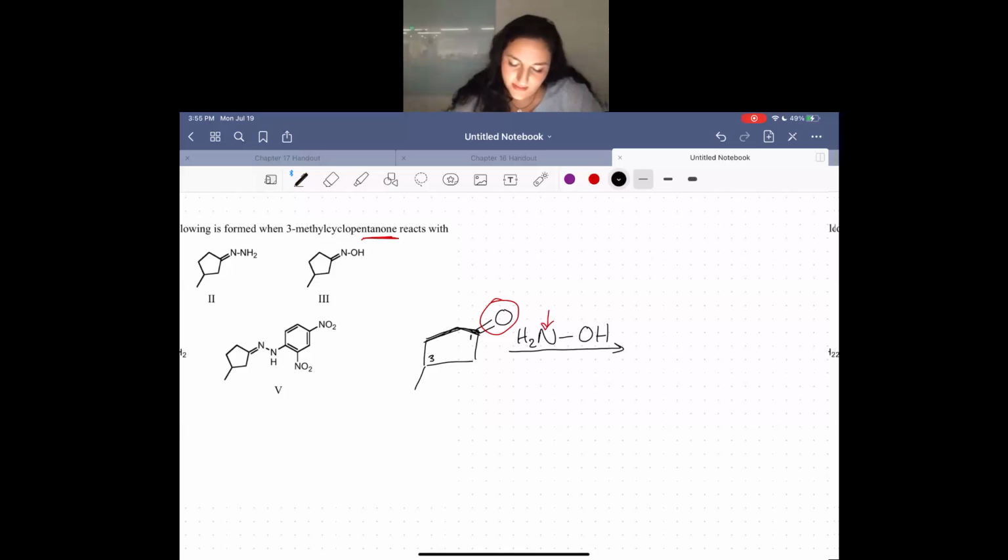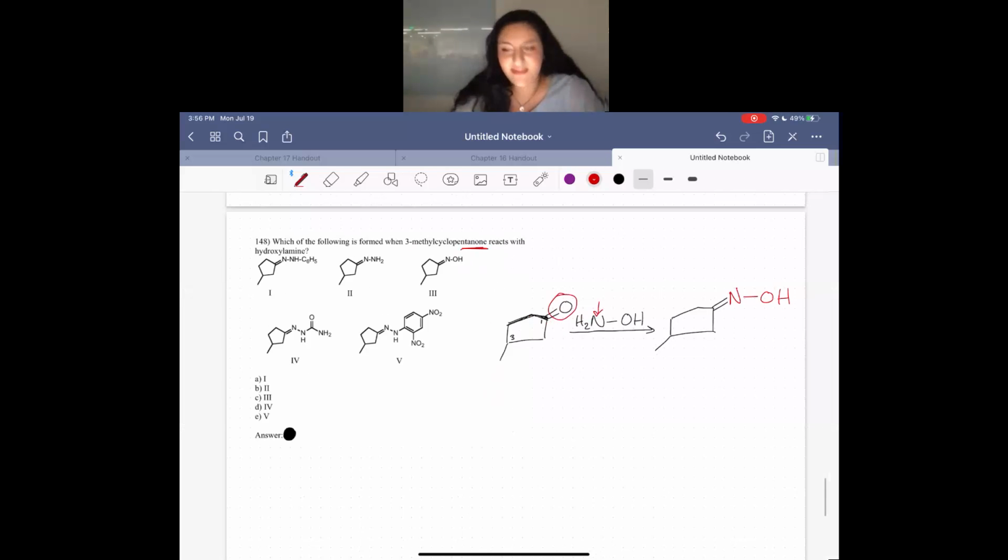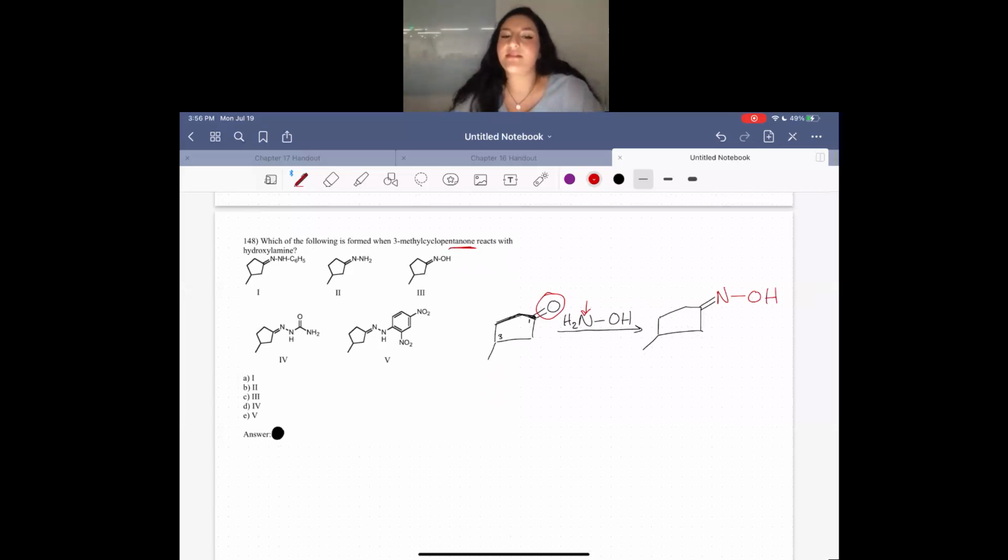And this pentagon stays the same, and we instead have a double bond to nitrogen and OH. So which one of these answer choices looks like our oxime? Number 3, aka C, exactly.